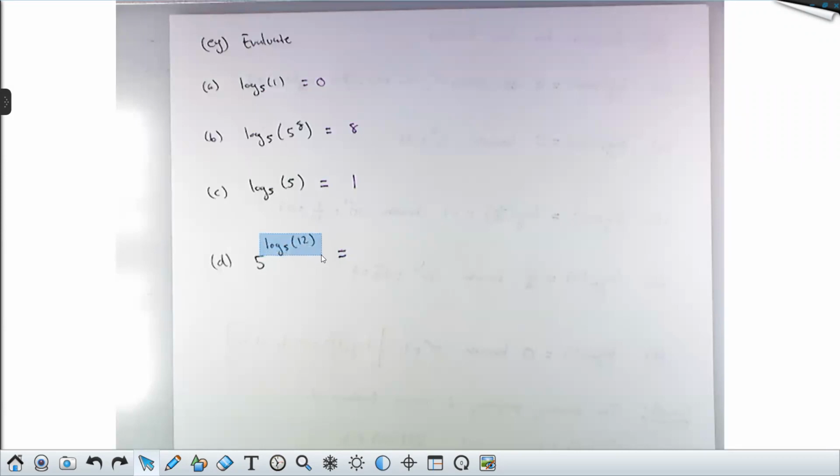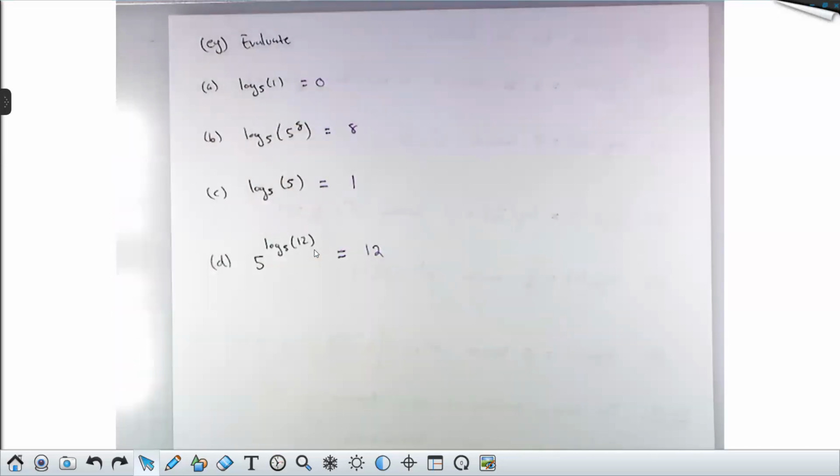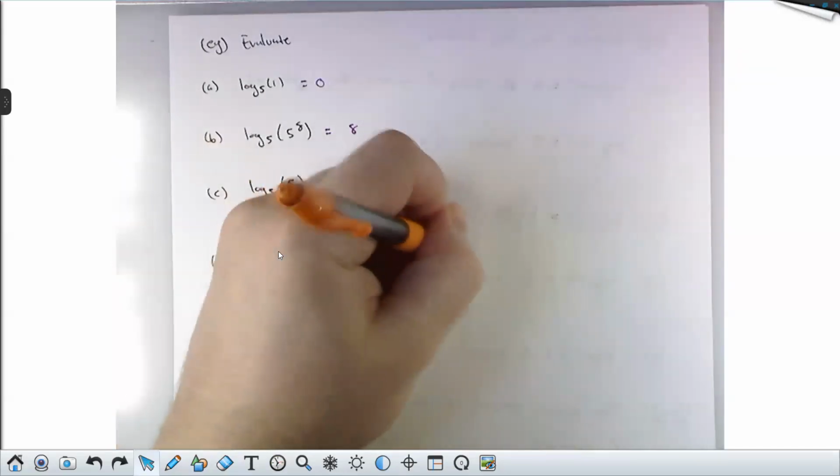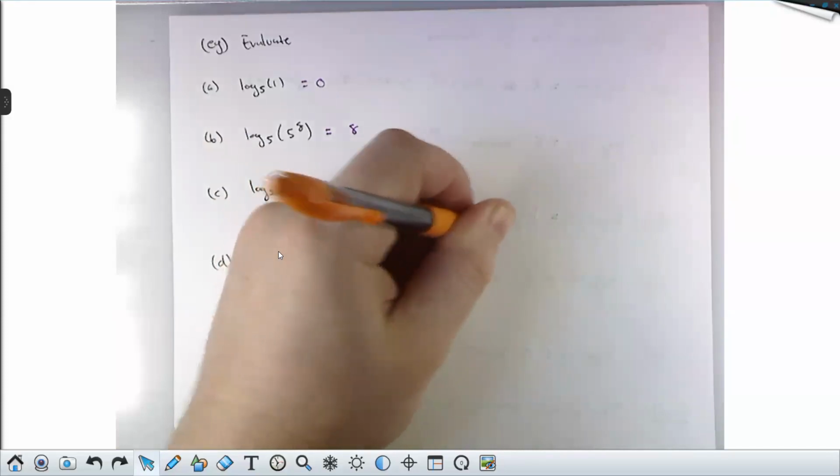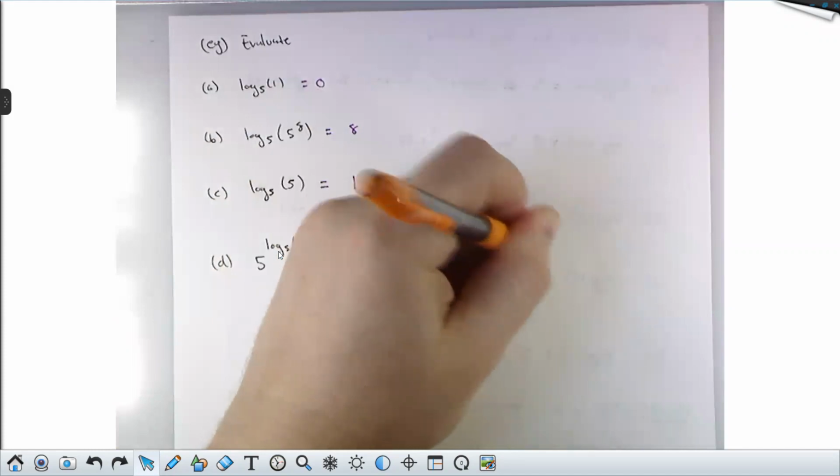The base 5 log of 12 on its own, that's a nasty, nasty number. I don't know what that is. But 5 raised to the log base 5 of anything would just be that thing. This was the second property that we wrote down on the previous page. Remember, a raised to the base a log of x, that's always going to be x.